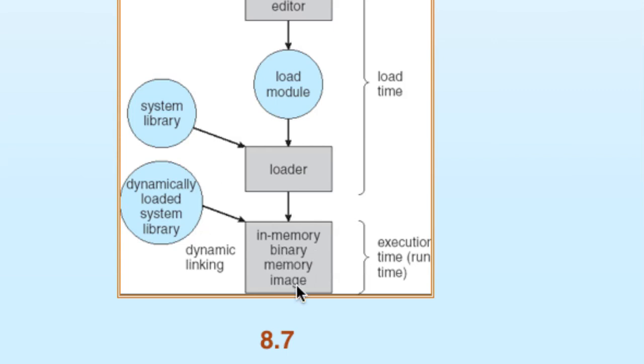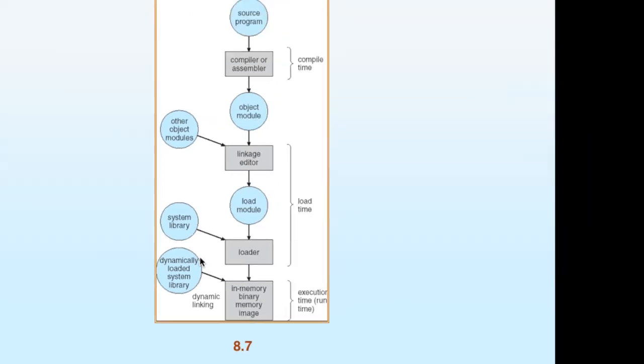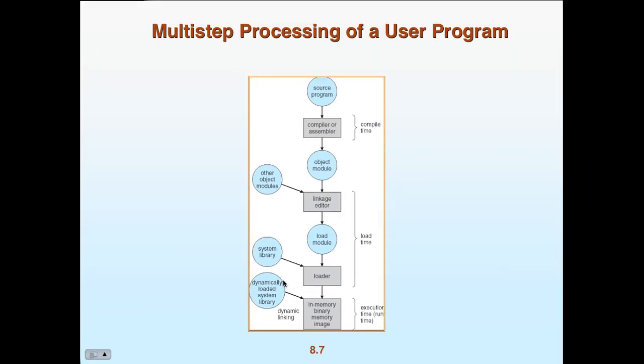It's in memory, there's some sort of binary image that's being run, and it's dynamically going out and linking to these objects that are in existence. So that's how we get the libraries essentially to be shared. Because there's really only one library object for every functionality in an operating system.